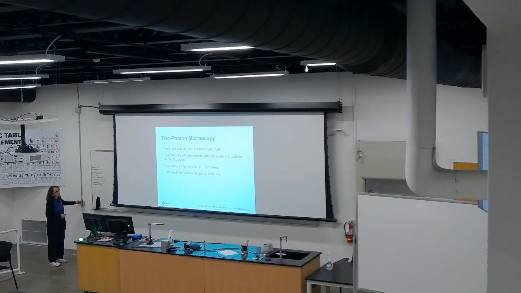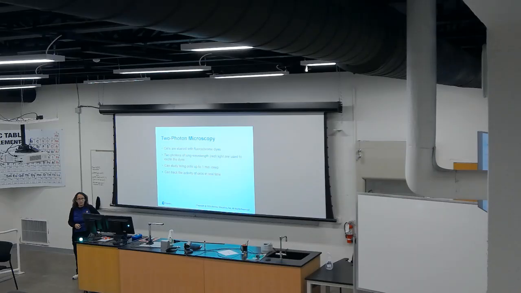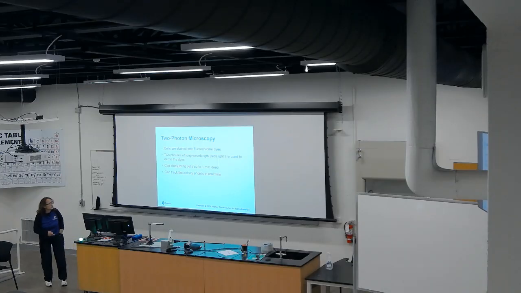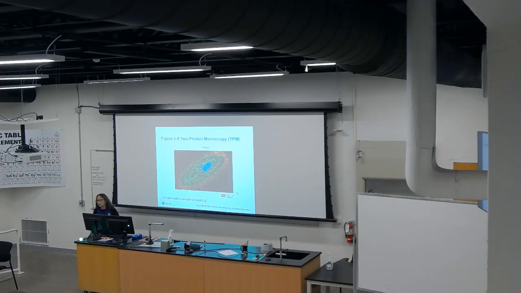This one can help to see the cells with greater detail, and you can go up to 1 millimeter in depth. So you can track as well the activities of the cells, like for instance, transit of vacuoles.